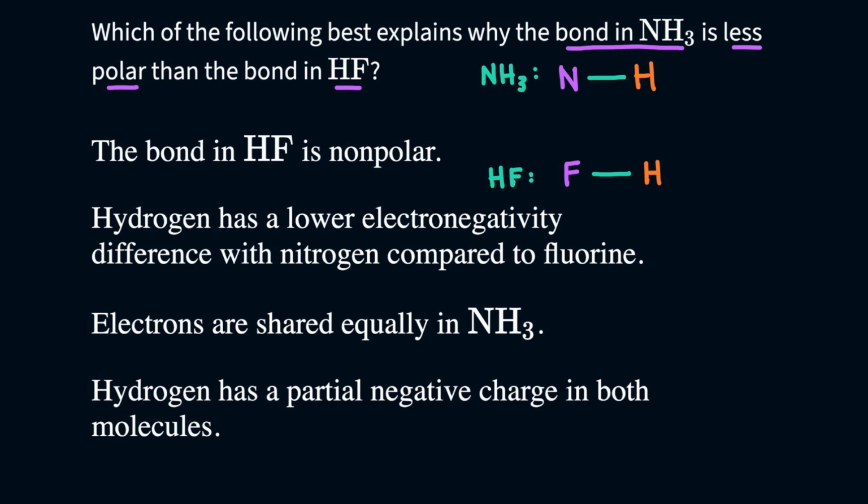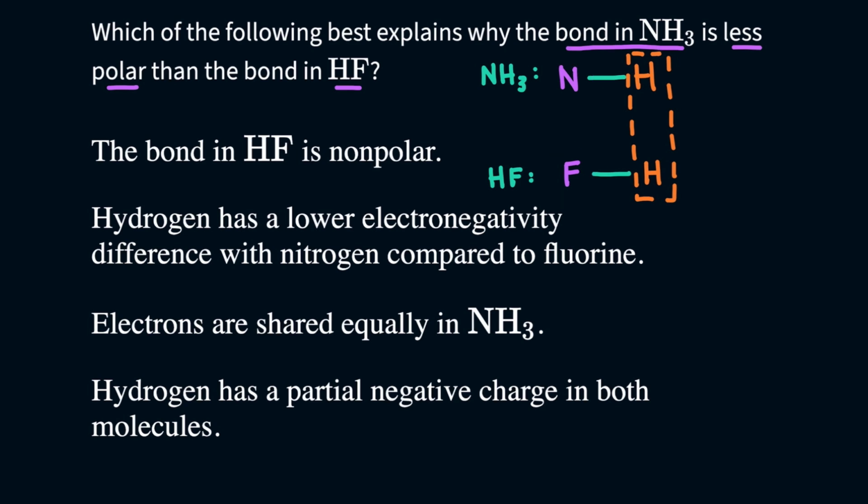But I did it this way because I want to show you that in both of the bonds, there's one thing in common, that both of them have a hydrogen in it. So when you start seeing similarities, don't pay attention to the similarities. Only look for the differences. The differences between these must come from something to do with nitrogen and fluorine.